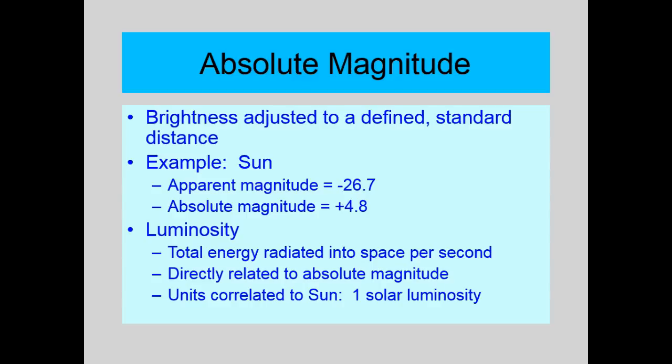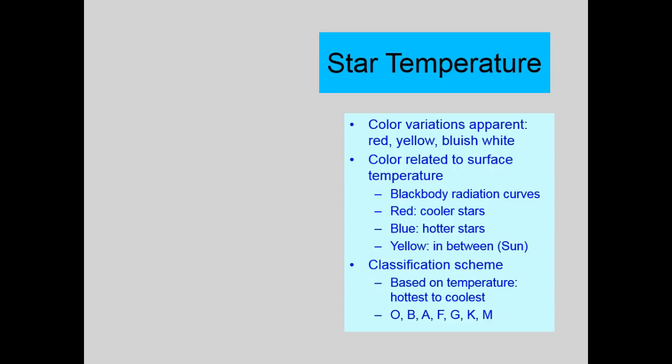So units correlated to the sun. If the sun is called 1 solar luminosity, the much bigger stars would be far larger than 1, and the smaller stars would be less than 1. Okay? So that's luminosity. We're really not going to do too much with that. We're going to deal a lot with absolute magnitude, though.